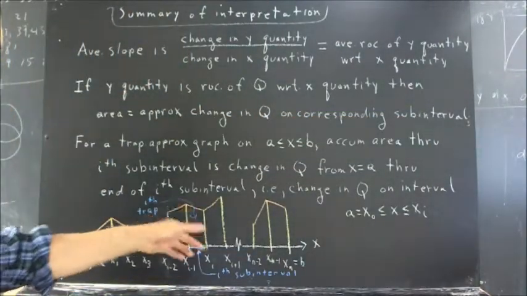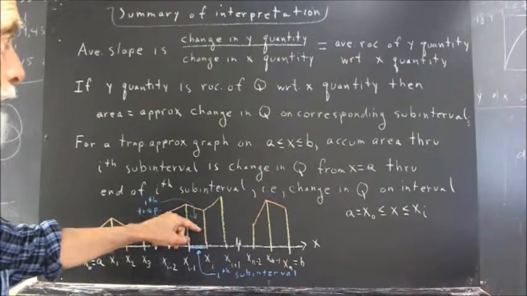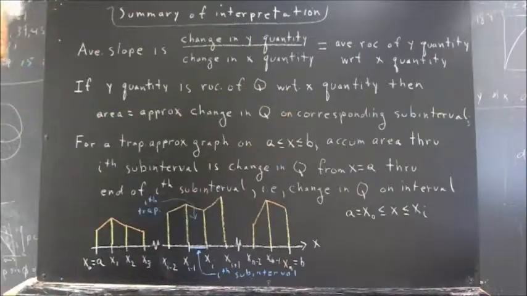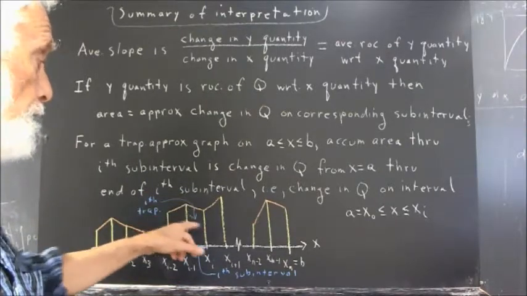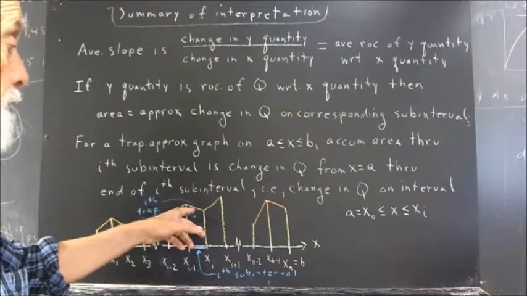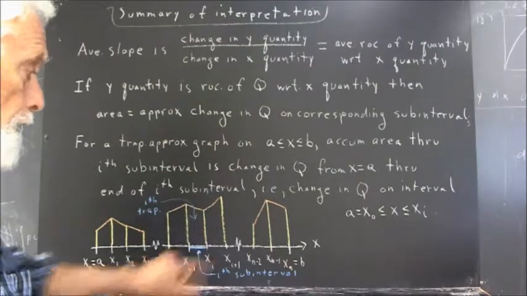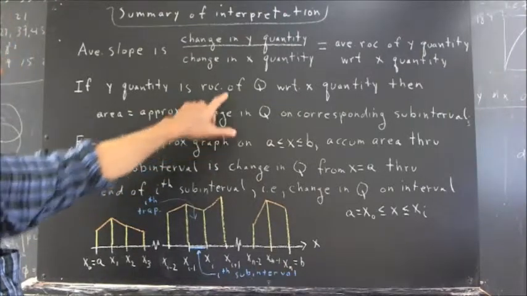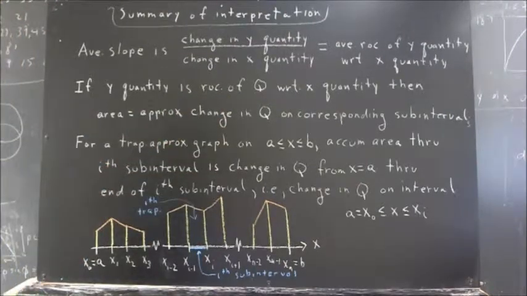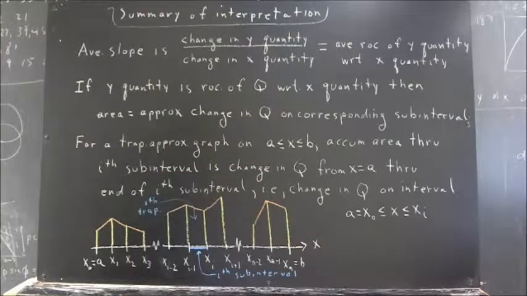So on the ith subinterval, the two values of y will be two values of the average rate of change of q with respect to x, so that when we calculate the area by taking the average of those two y quantities, we're going to get the average rate of change of q with respect to x. Multiplying that by the change in x on the interval, we get the change in q. So that's the meaning of this statement, and in that case the area has a significant interpretation as the change in the quantity q, whatever that quantity happens to be.